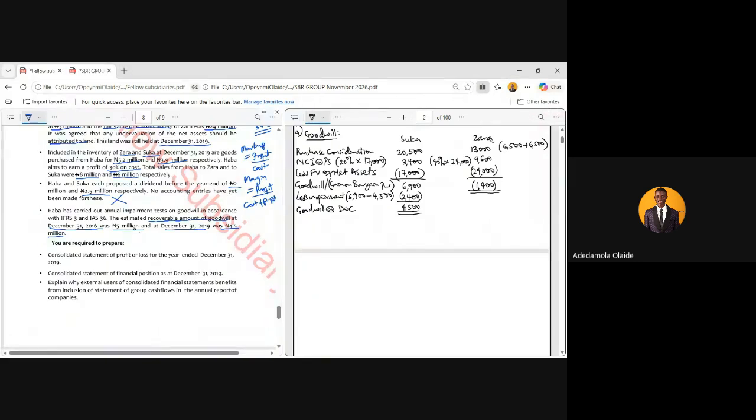Now, if goodwill was 5 million at the end of 2016, and they did not give us anything at the end of 2017, that means it still remained at 5 million. At the end of 2018, it still remained at 5 million. But at the end of 2019, it has dropped to 4.5 million.